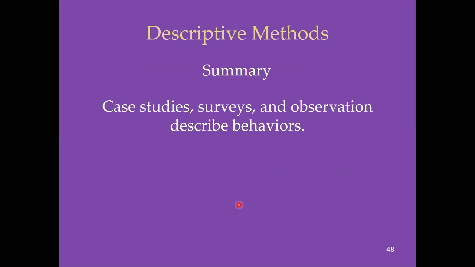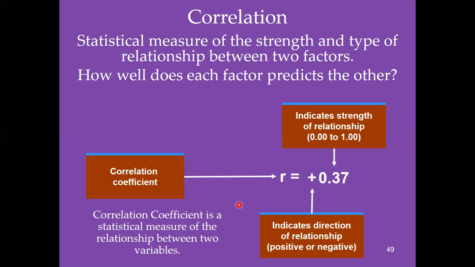So to sum these types of research, these are descriptive types of research. Case studies, surveys, and observation describe behaviors as they occur without any influence on the part of the researcher. We can then take information that we've obtained through descriptive research, and we can look for relationships between various factors using what's called correlation.